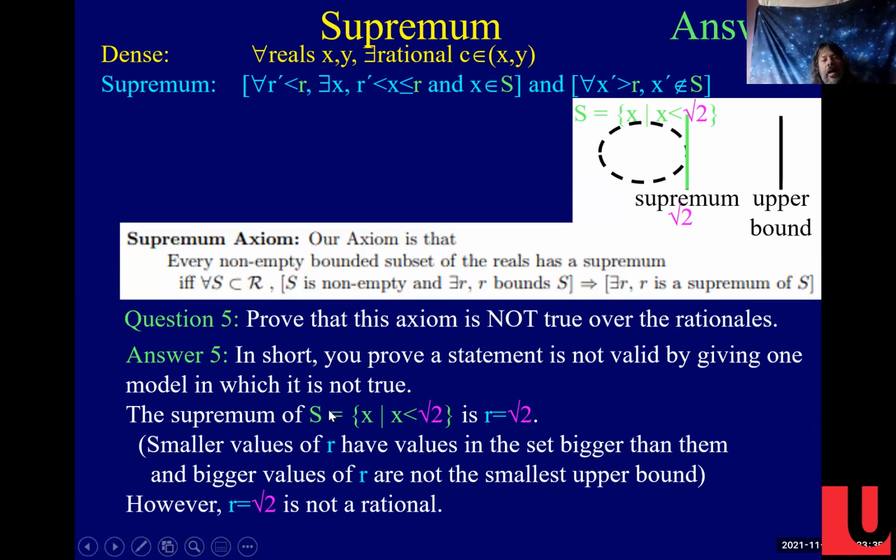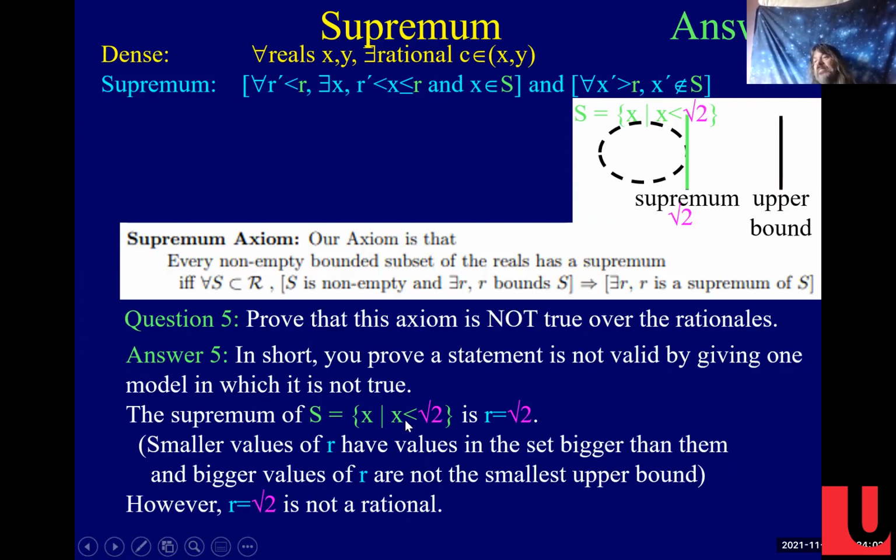This is saying we have to prove that this statement, that a supremum exists, is not true over the rationals. So we're over the rationals, and then we say here's a set. It's the set I gave you before, more or less.